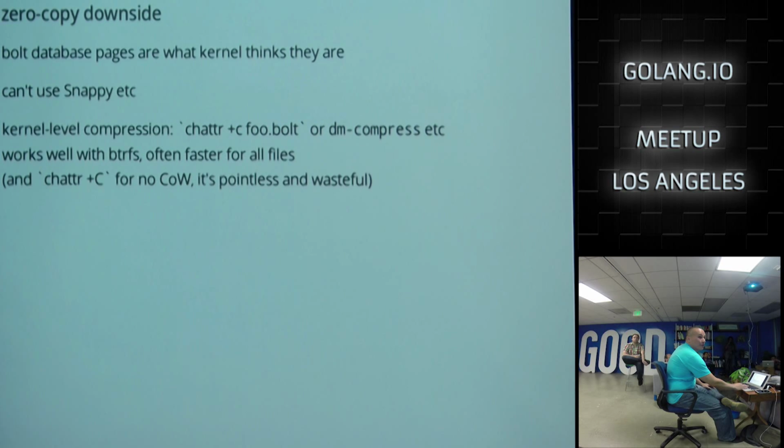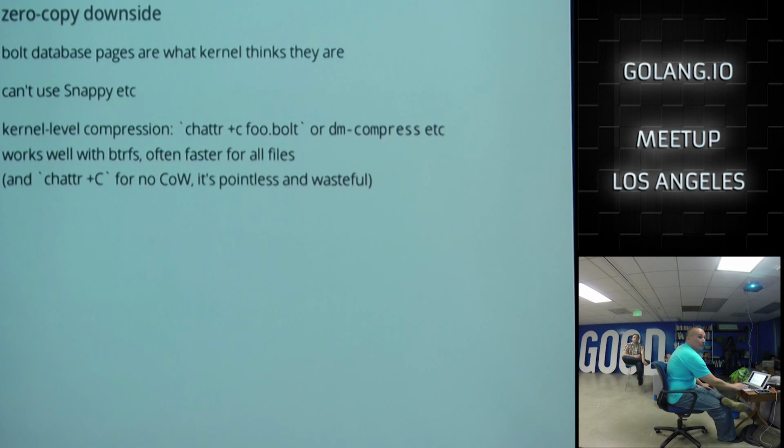But you can do kernel level compression. So you can compress the whole thing on your file system if you have a file system that supports that, or if you have a block device that supports that. So for example, with Btrfs, you just do the chattr plus c. And if you happen to be using one of those file systems like Btrfs that does a lot of fancy tricks, another thing that is beneficial is the plus capital C, which means no copy on write, which is a little bit more efficient and less protected, but Bolt takes care of its own protection.